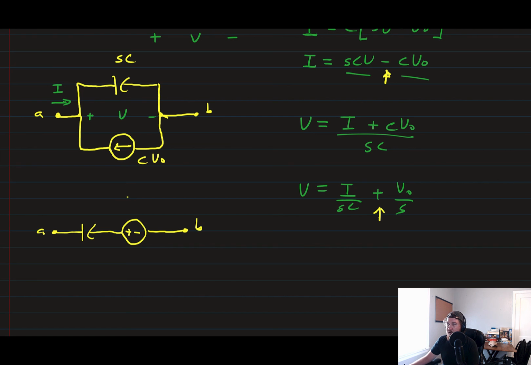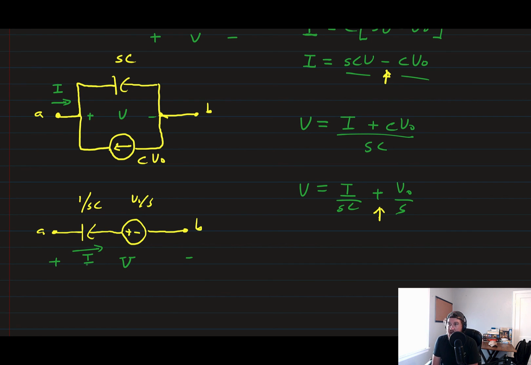And the value of that voltage is going to be V naught over S. And the value of the capacitor here is going to be 1 over SC. And we've got our voltage, capital V, between the terminals A and B. And then, of course, we have our current, capital I.